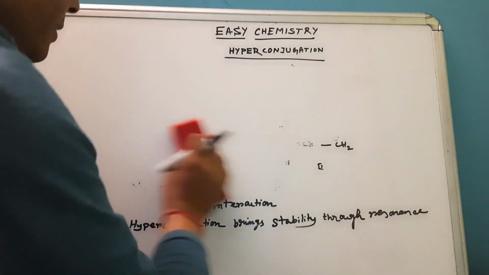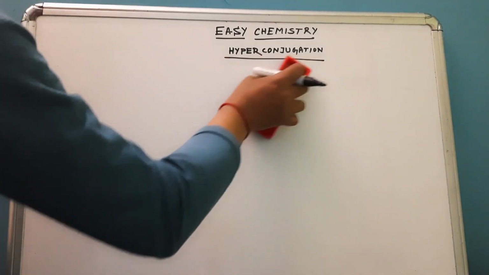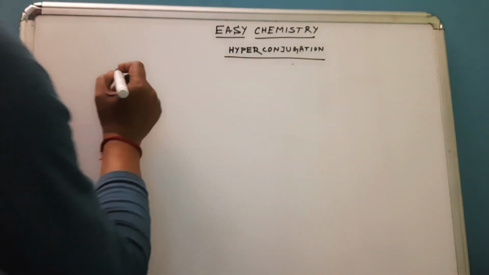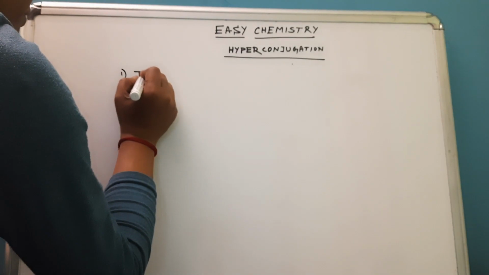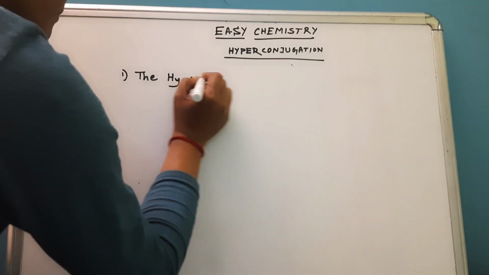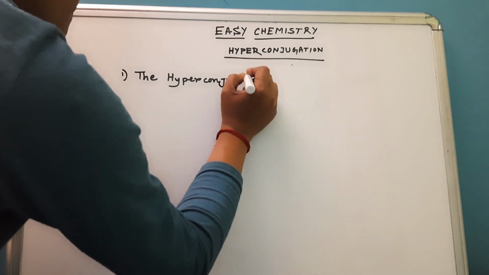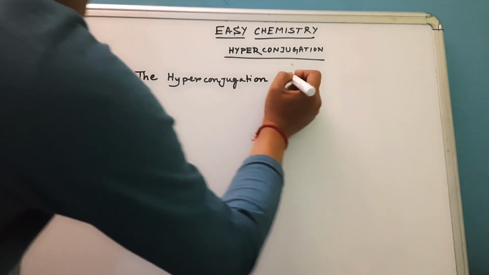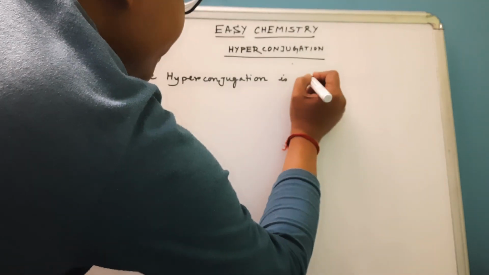The main points can be noted. Number 1, hyperconjugation is a sigma pi interaction, a sigma pi conjugation.